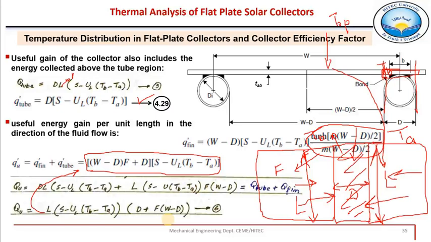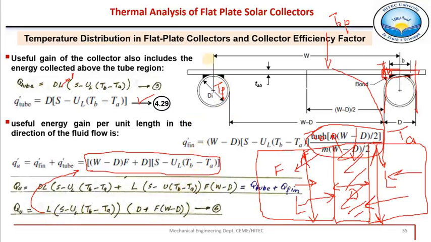So let's continue further, because we still want to get rid of this base temperature, which is a temperature not known to us. We want to get rid of this base temperature and shift to fluid temperature, because fluid is flowing in this pipe at a certain temperature. So now we want an equation of the useful heat gain of the solar collector in terms of fluid temperature.